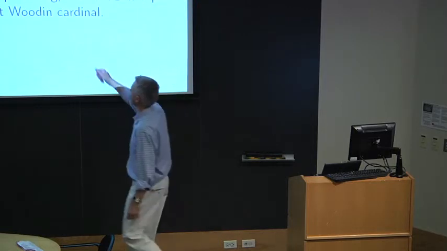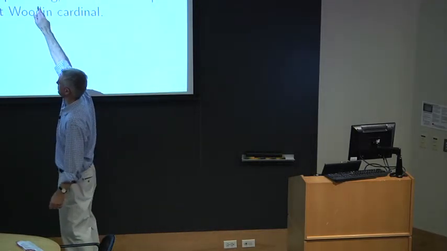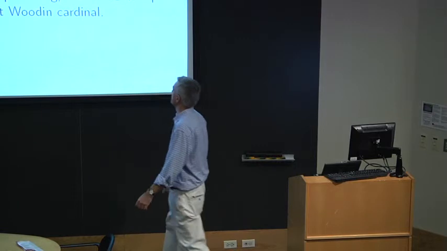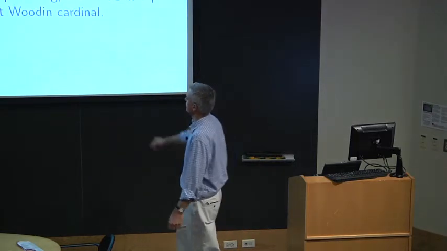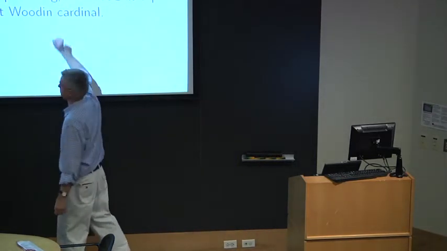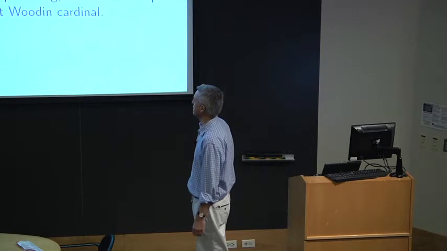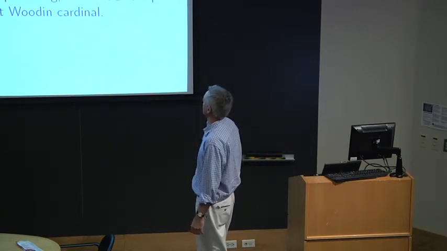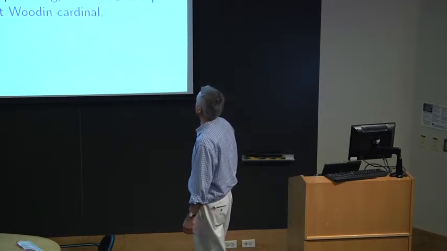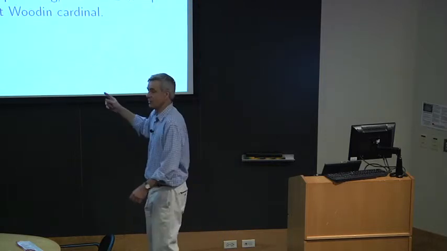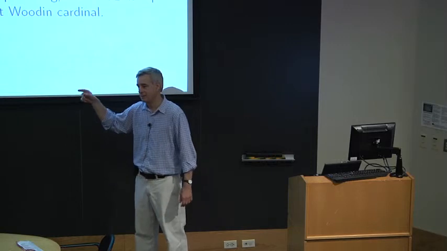Now you might ask, why the restriction to extender models that haven't reached an iteration strategy for a superstrong? That definitely shouldn't be part of the picture. Well, the reason is technical, namely, as I said, for supercompacts, we don't know what the right first order form of the model is.